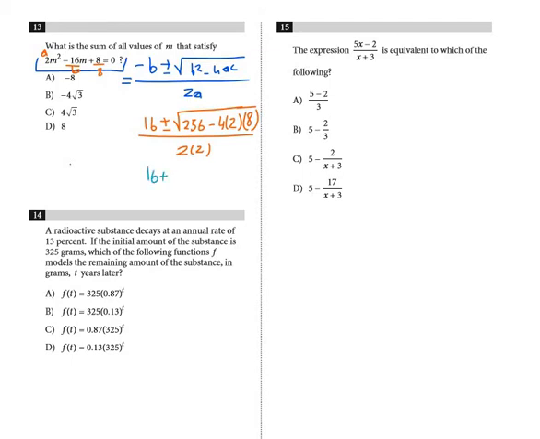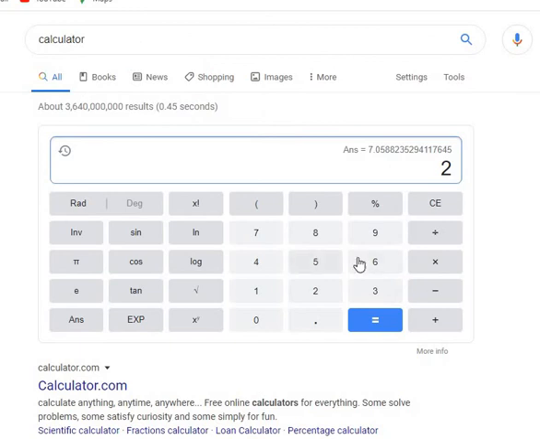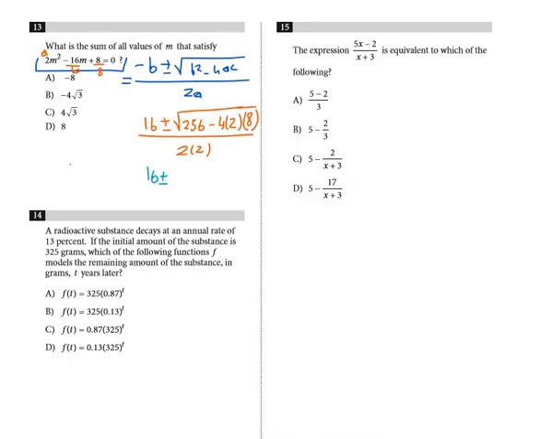So 16 plus or minus the square root of 256 minus 8 times 8, which is 64. 256 minus 64 is 192. Let's see if it is a perfect square. No, so we're going to keep it as 192. This is the square root of 192 all over 4.